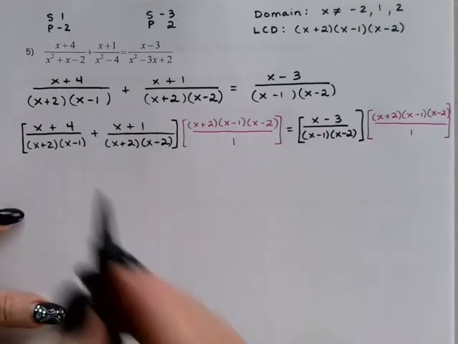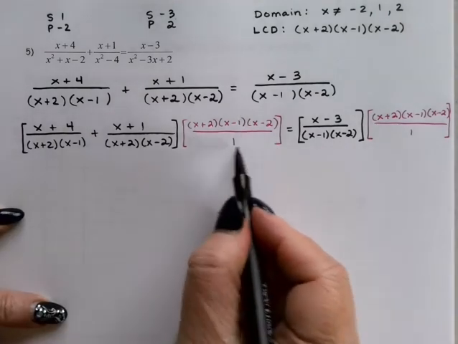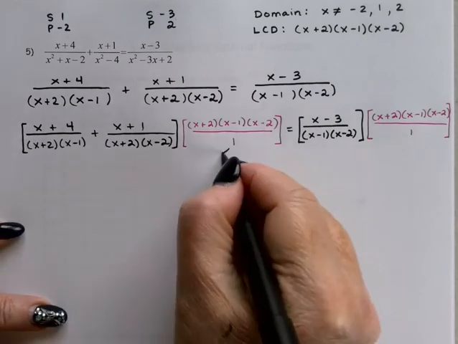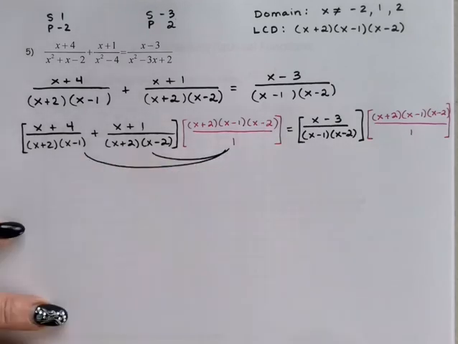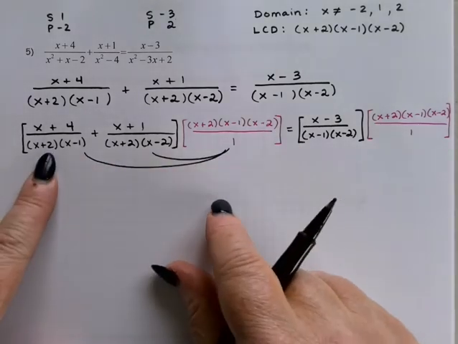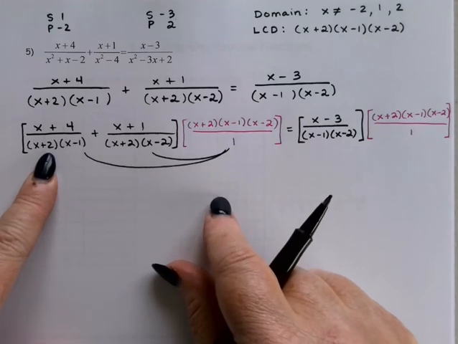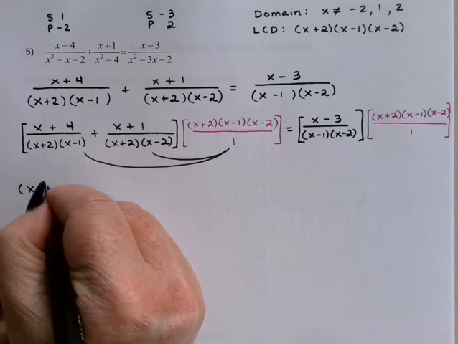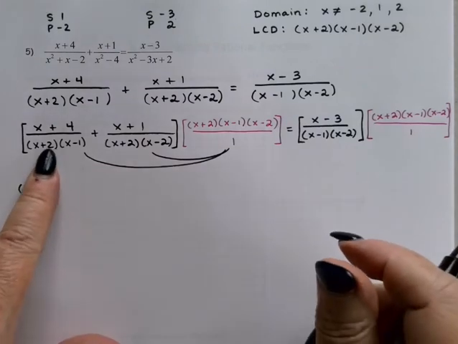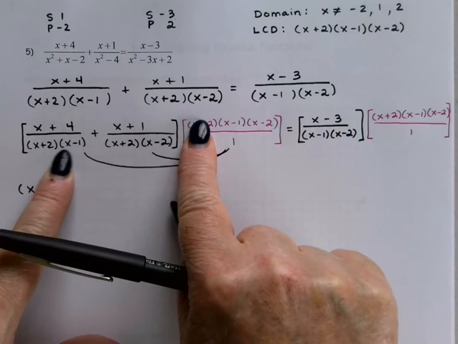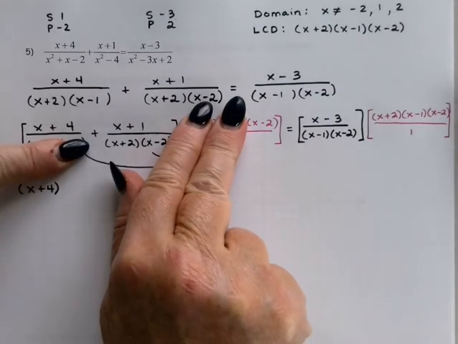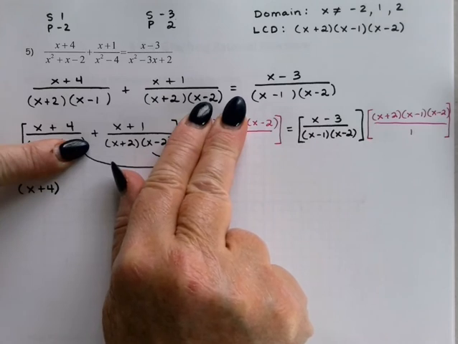All right. On the left, I have to distribute this LCD multiplier to both terms. So I'm going to start by saying in the first term that x plus 4 will certainly still be there. But once both the x plus 2 and the x minus 1 are allowed to divide out, the only thing that's left to multiply it is the x minus 2.